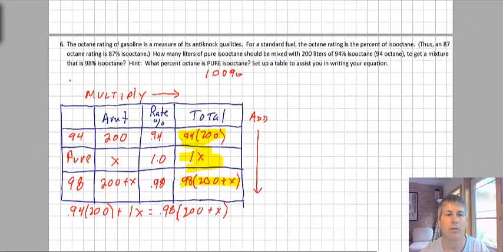And I'm going to multiply all of this by 100 to get rid of the decimals. And again, we don't multiply the 200 plus x by 100 because when we multiply the 0.98 times 100, that's going to take care of the 200 plus x.